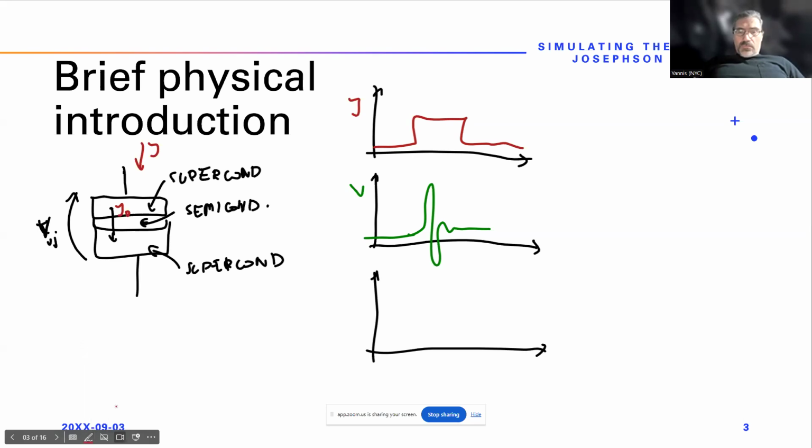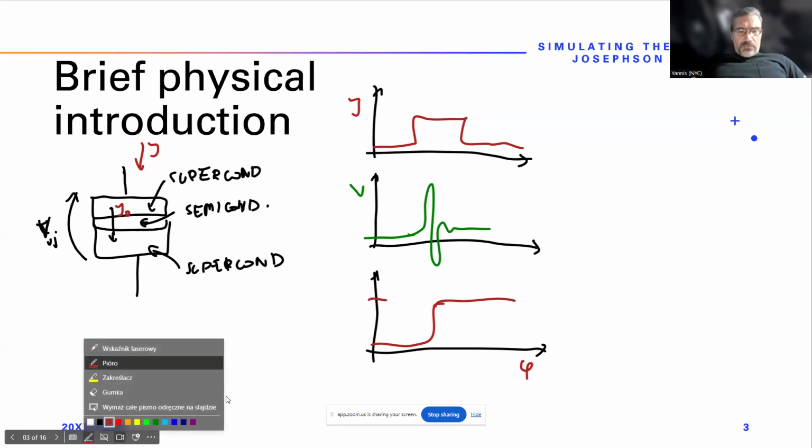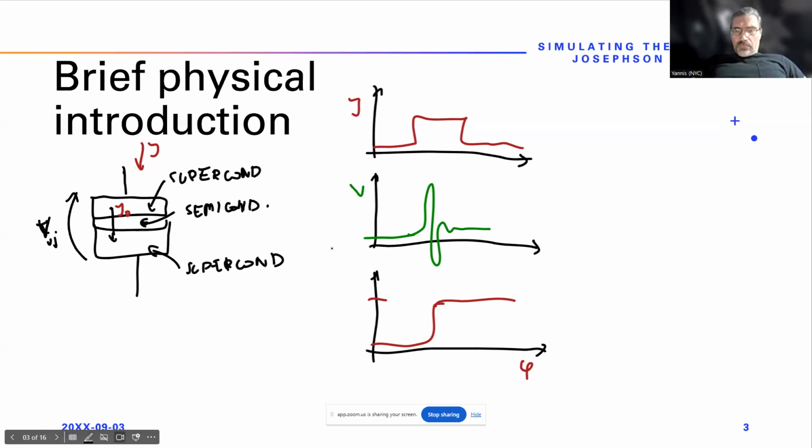So if we have phase, let's say phi of the current, and we apply this current impulse I, at this moment the phase begins to shift, and by the time the whole impulse is over, we should experience the change of 2 pi in the entire period of a phase.